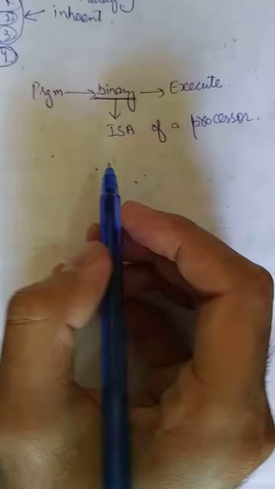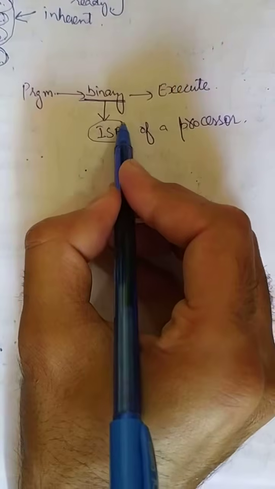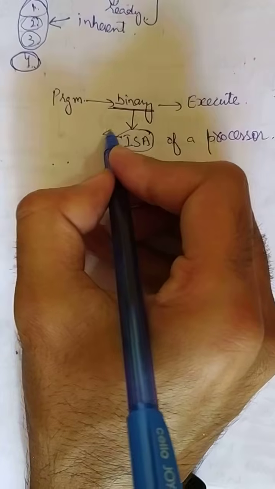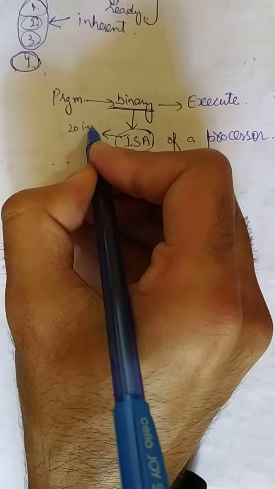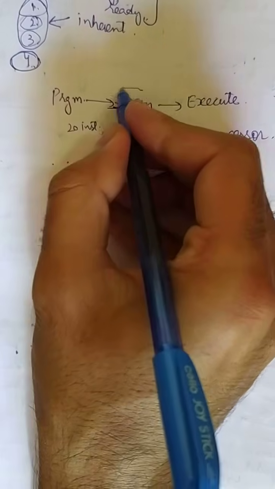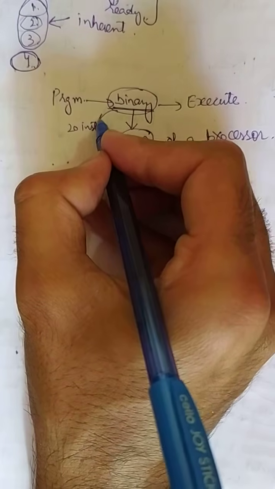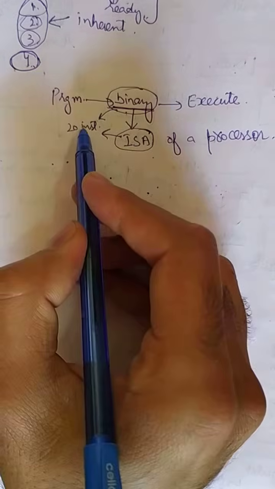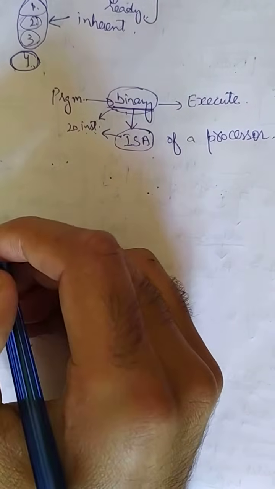And we know that any instruction set architecture may have, let's say, 20 instructions. And these binary instructions will belong to these 20 instructions. This will be the combination of these 20 instructions.